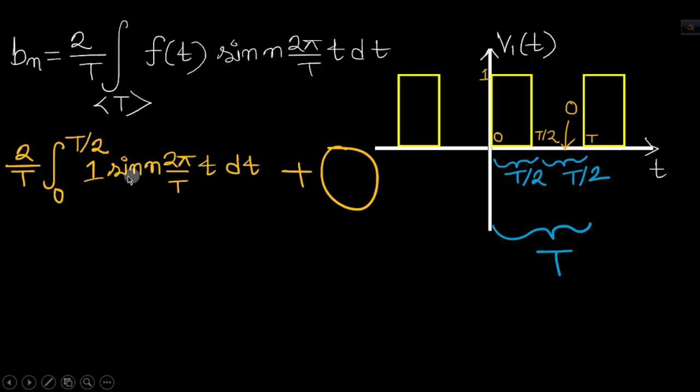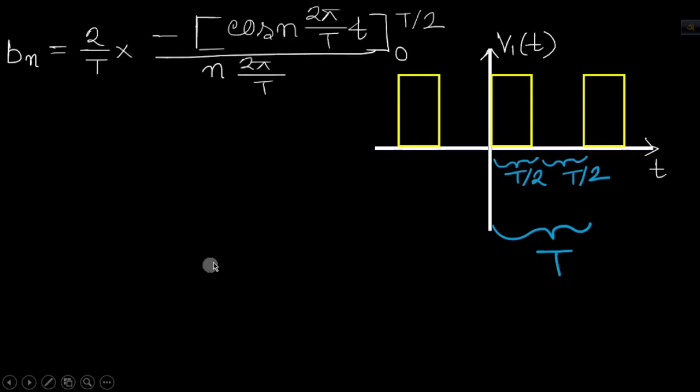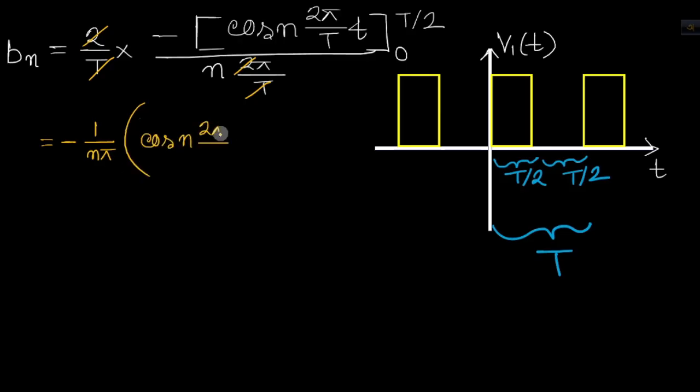So if I integrate a sine function, I will get a minus cos, right? So let me write this above here, and now 2 cancels out, then T cancels out, then we will have 1 by n pi, then cos n 2 pi by T, evaluated at T by 2.